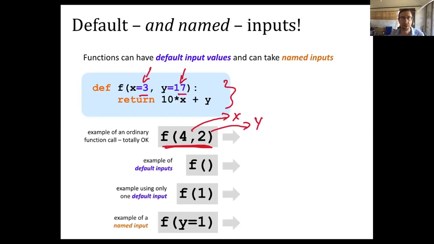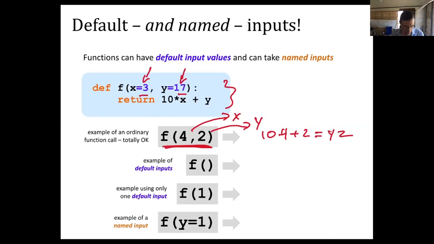Right, so this will just act like a regular function call, and you'll just get 10 times x, which is 4, plus y, which is 2, which is 42. Okay, exactly what you'd expect, even if that 3 and that 17 weren't there in the original function definition.